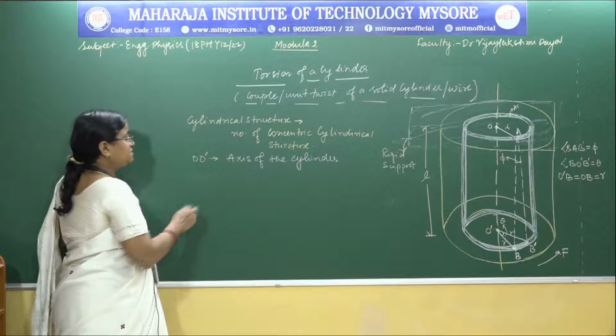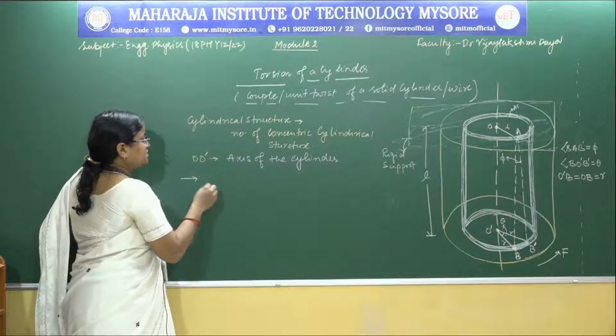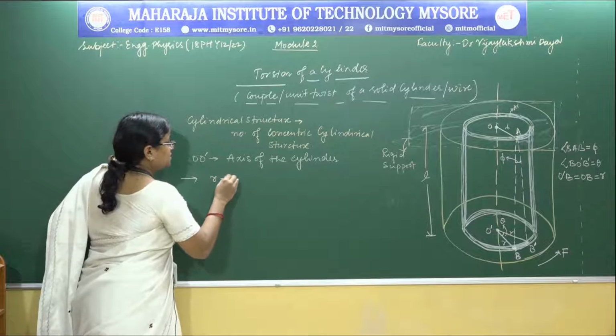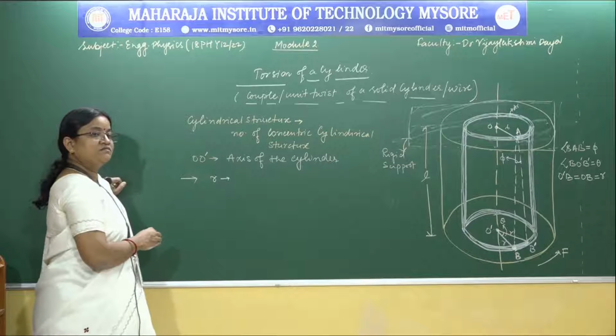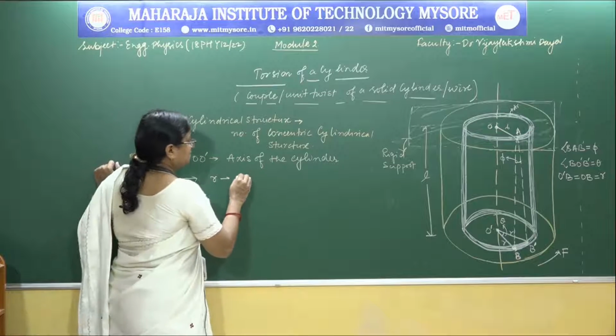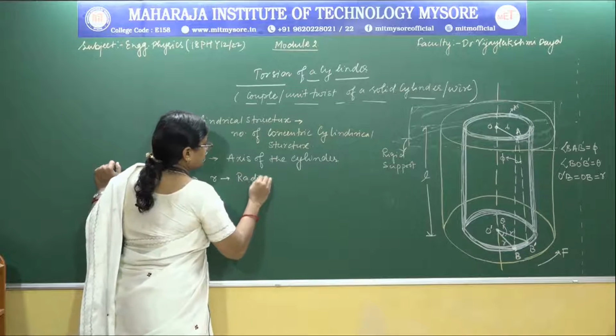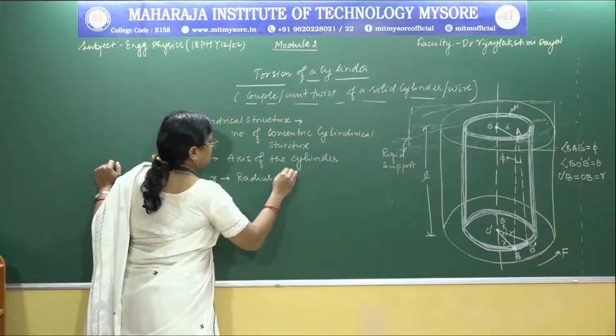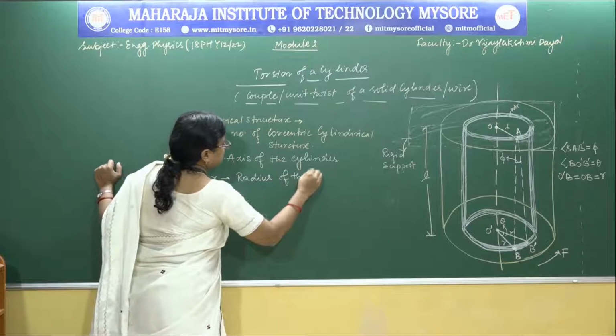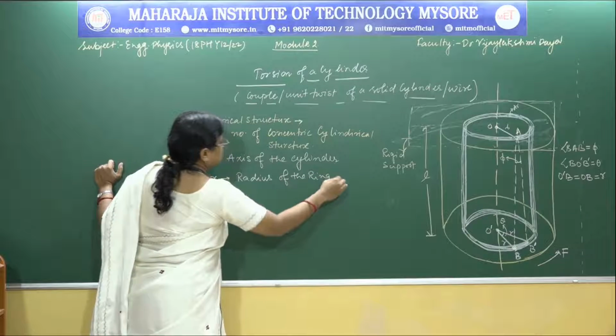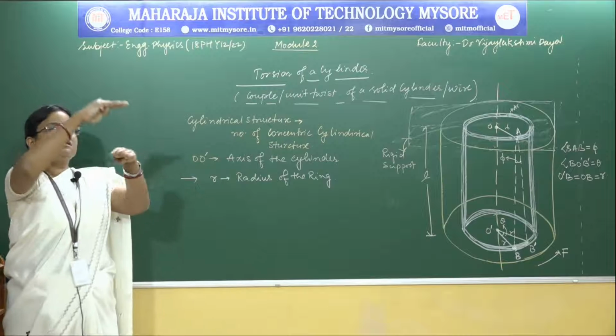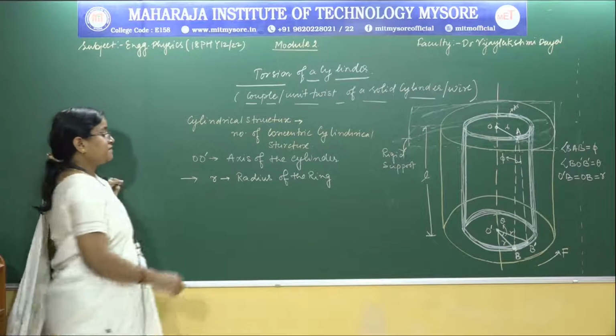We have considered a cylindrical structure for which the upper and bottom surface radius is r, the radius of the ring with which the cylindrical structure is formed.